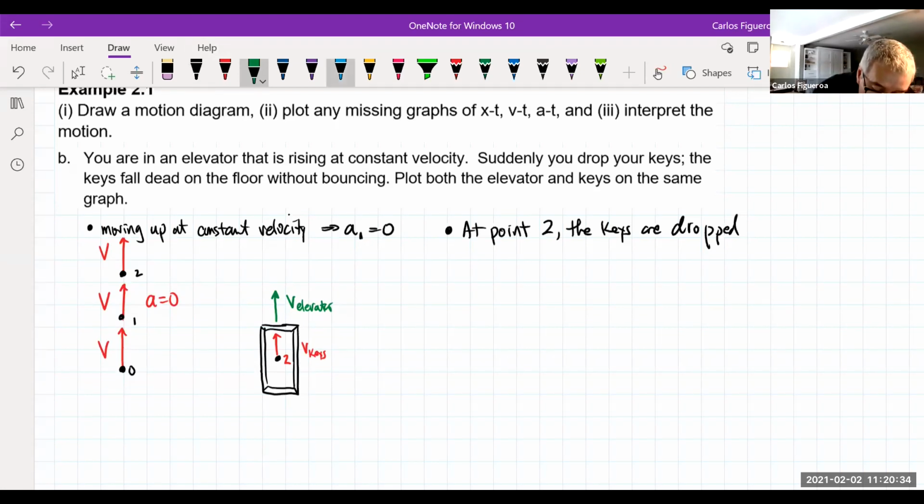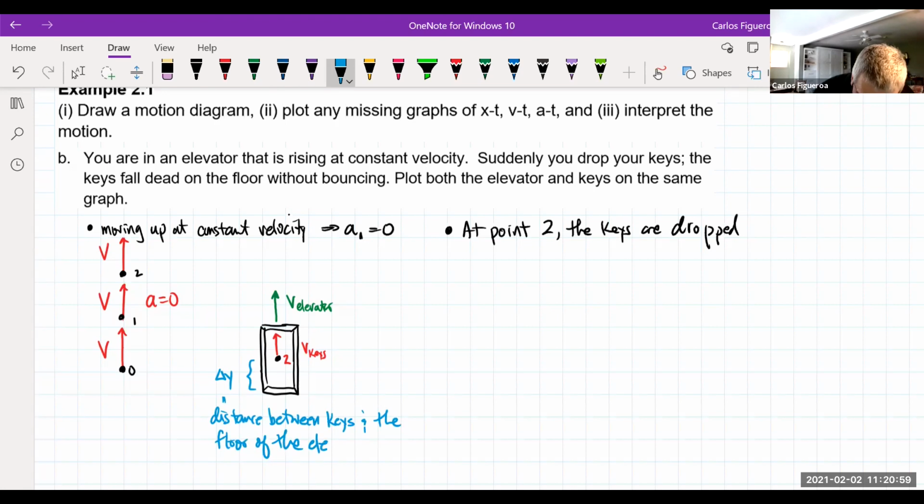But what we do know here is that there is a distance between the keys and the floor of the elevator, right? It's a distance, it's a displacement between the two.